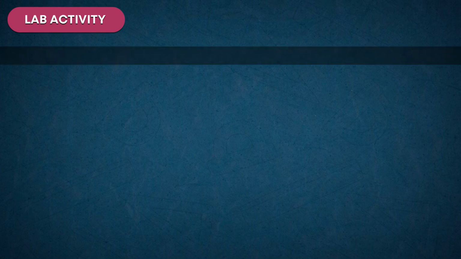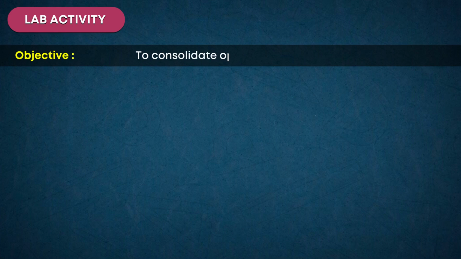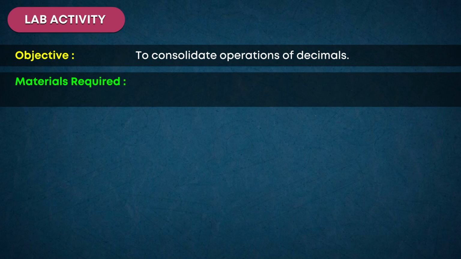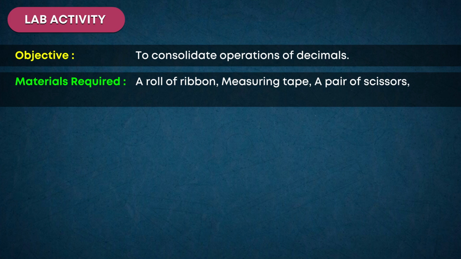Lab activity, to consolidate operations of decimals. Materials required: a roll of ribbon, measuring tape, a pair of scissors, paper sheet, glue stick.